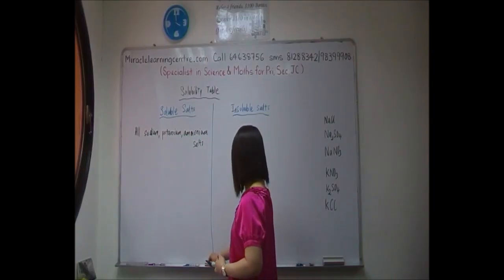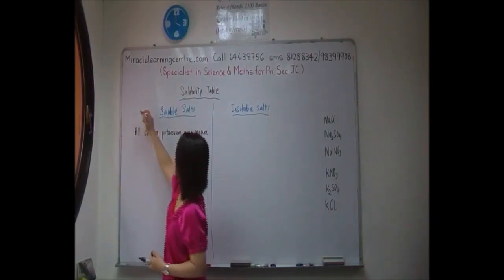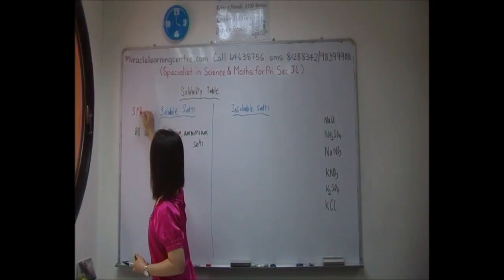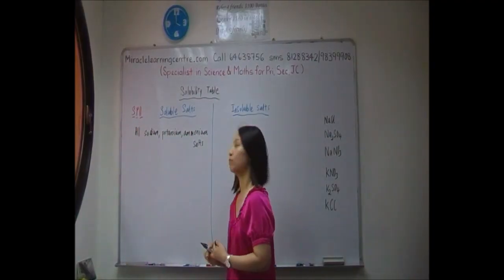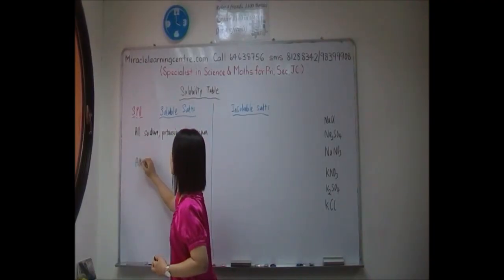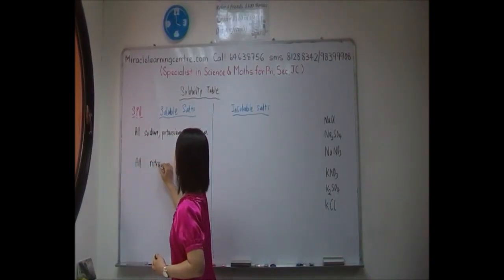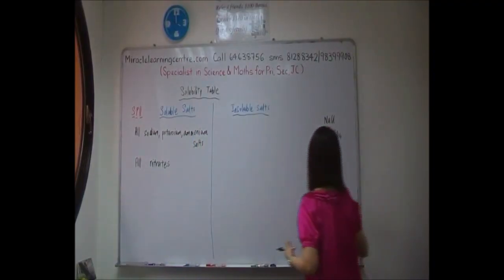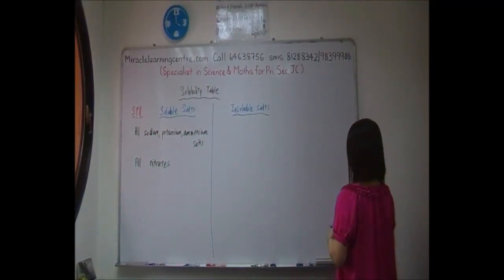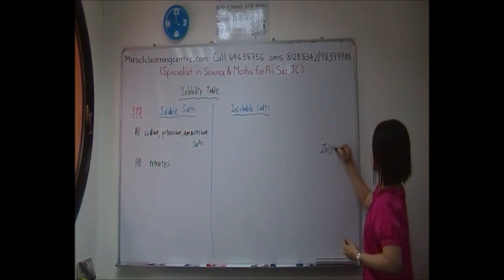So this will lead us to this acronym called SPA: salts are soluble. So for SPA therapy, for water therapy also. Okay? So all nitrates are soluble. For example, we have zinc nitrate, silver nitrate.